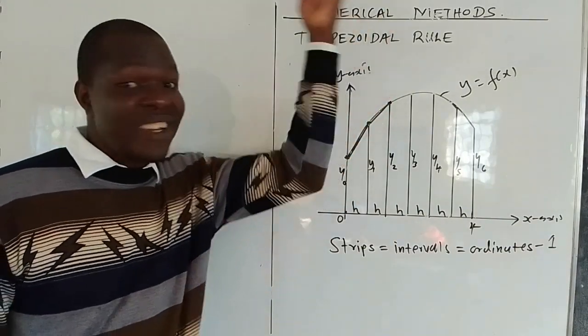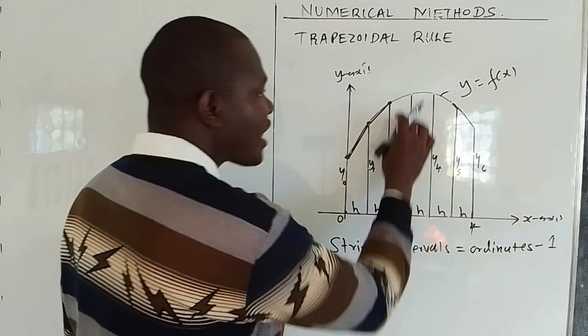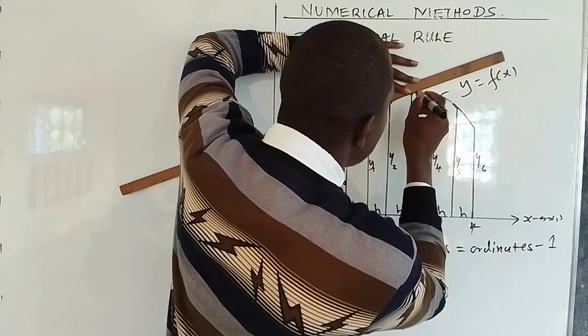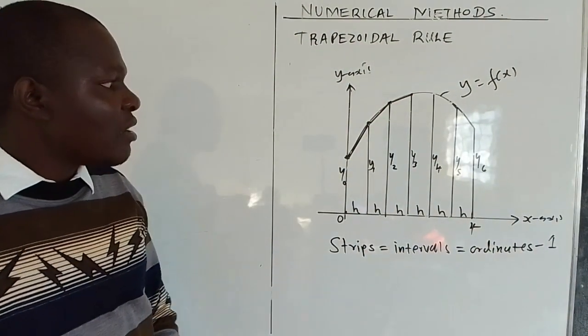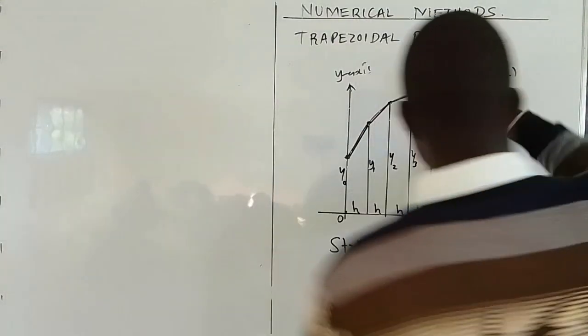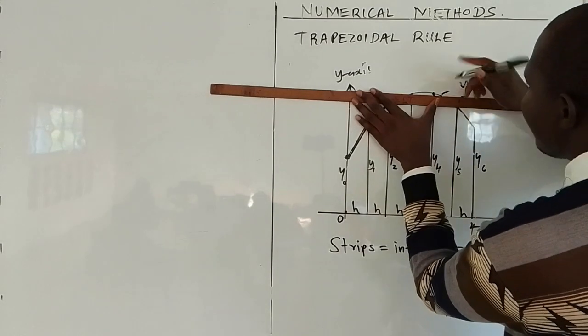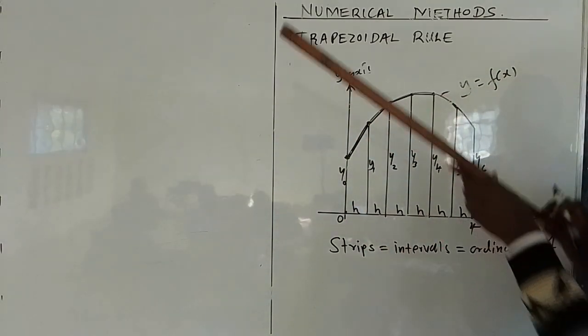There is not much left outside, isn't it? Have you seen that? Then if you go to this next part, this point and this point, if you join to form a trapezium like that, the area of that trapezium will be approximately the area under that part, isn't it? You do the same for each and every part, this point and this point, you join to form a trapezium, then the area of that trapezium will be approximately the area under that curve.